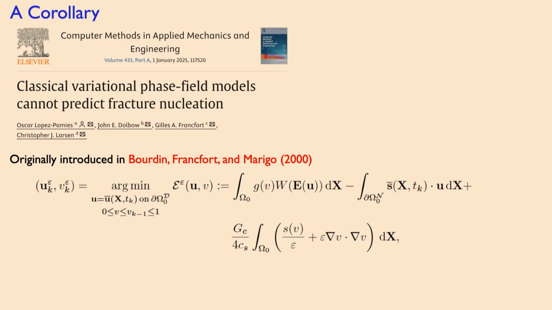And I want to be precise here in terms of classical variational phase field models. What we're talking about are those phase field models that gamma converge to the sharp model introduced by Francfort and Marigo. The original one is here, and it does that. In essence, the issue is what I said earlier: strength is nowhere to be found here.